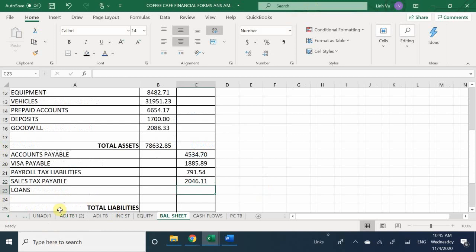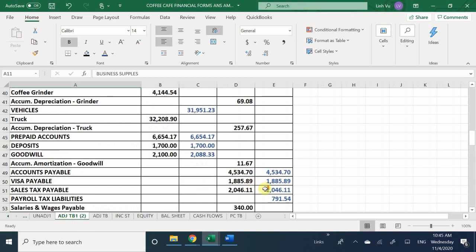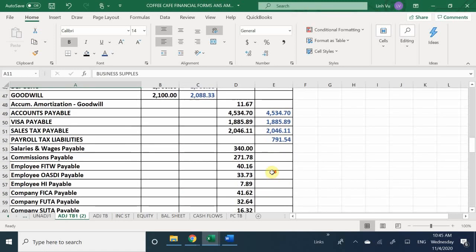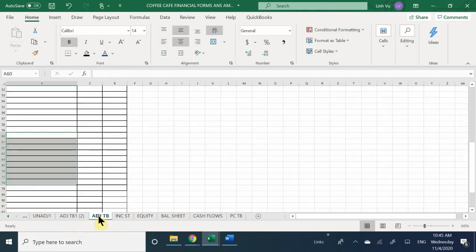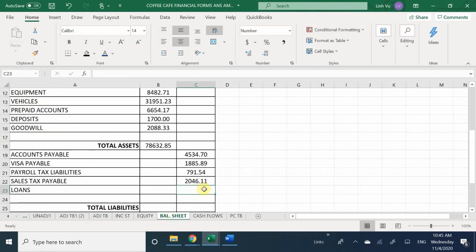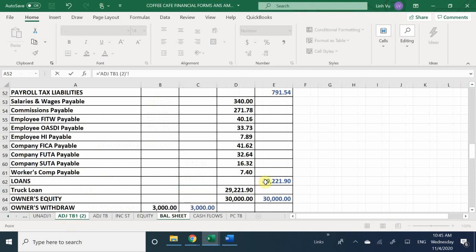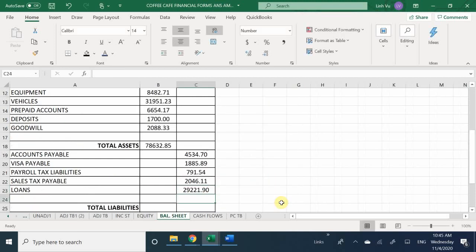And then I should have loans as my last liability on here. Yes, loans is my last thing, which is the truck loan. So that means my loans should be for the 29-21. Okay.